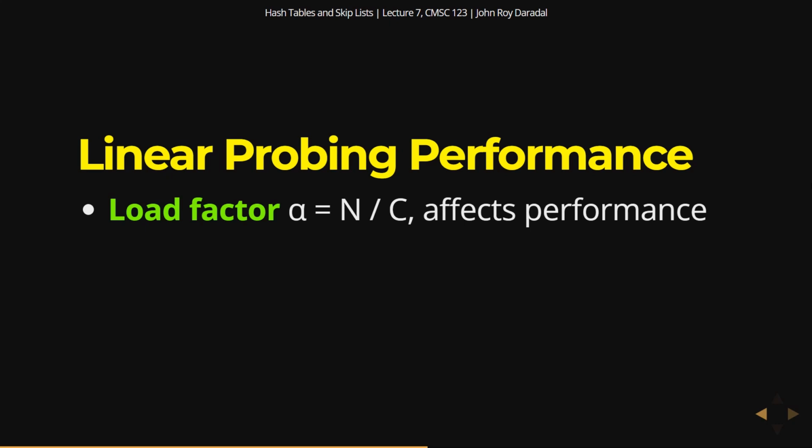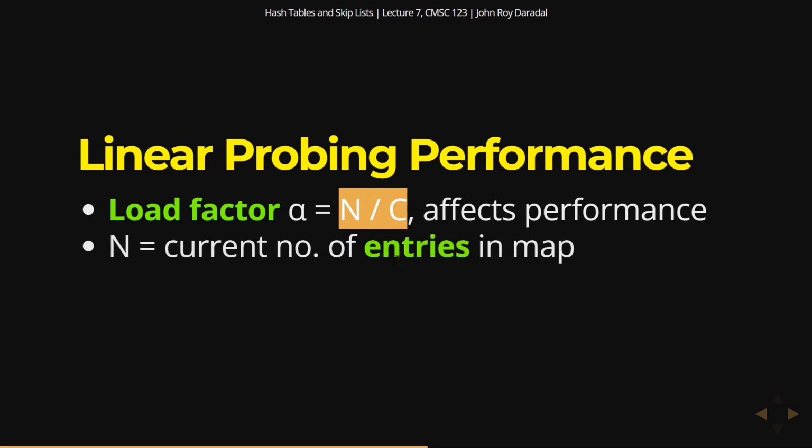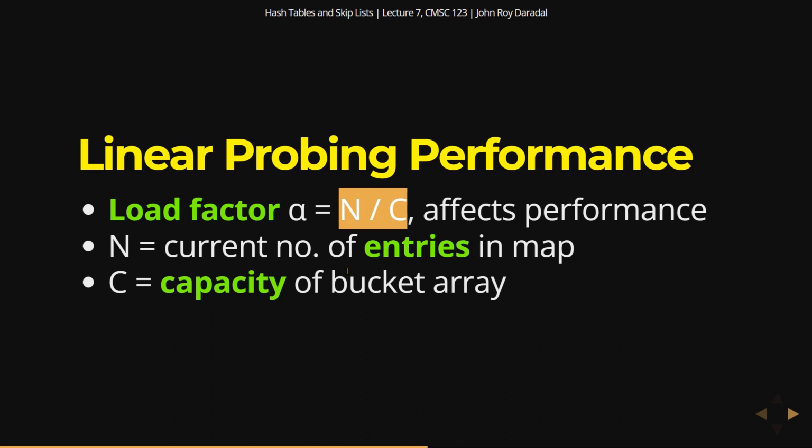Okay, so the so-called load factor, which we denote by alpha, is computed as n over c, where n is the current number of entries in the map, and c is the capacity of the bucket array. So the load factor is basically just a measure of how full the hash table is.